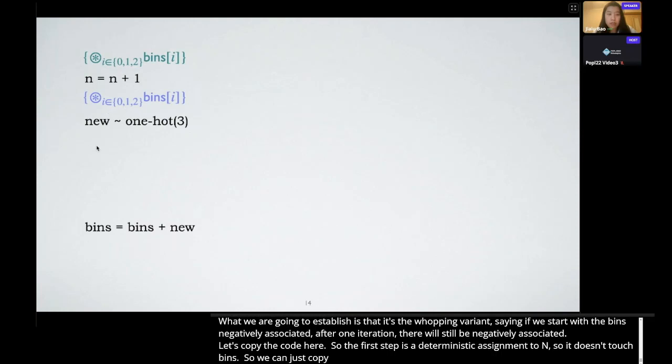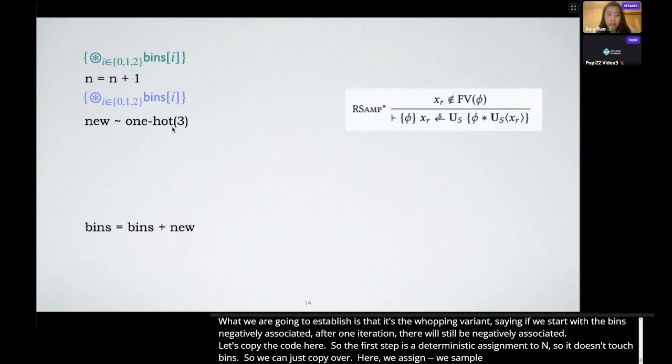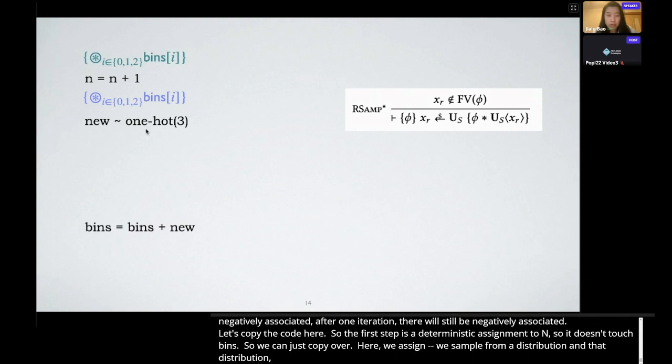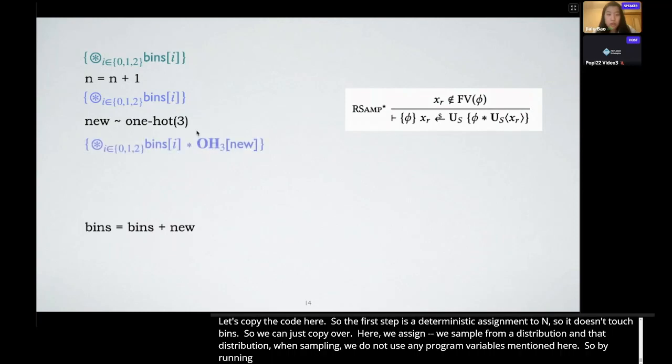Here, we sample from a distribution, and when sampling, we do not use any program variables mentioned here. So by the random sample rule, the newly sampled distribution will be independent from the current distribution.